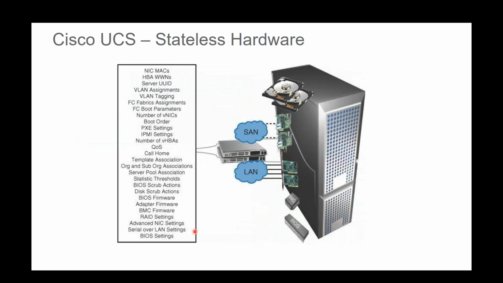UCS is doing a very similar thing with hardware, but it's actually with a hardware server. So what Cisco UCS is letting you do is take your server virtualization and abstract everything on this list into something called a service profile.